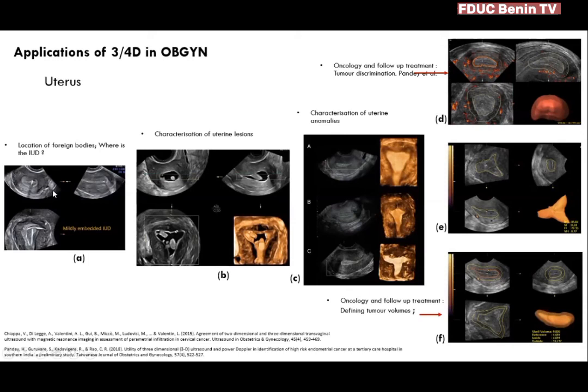3D, 4D imaging to delineate where these foreign bodies are located. Also, lesions could be characterized, and the good thing is that this can also be deployed alongside sonohysterography. So we better characterize lesions, as we can see on this slide here on this image.